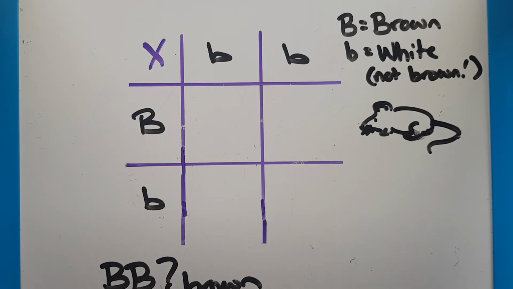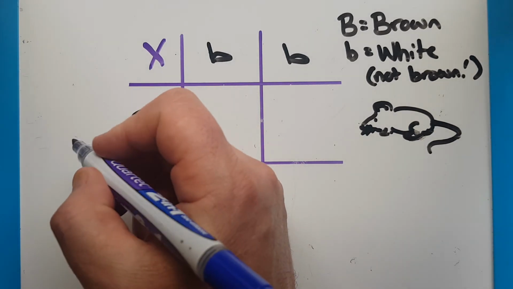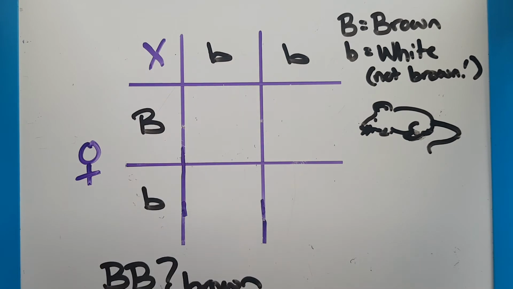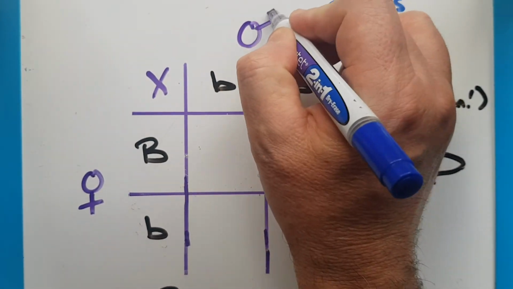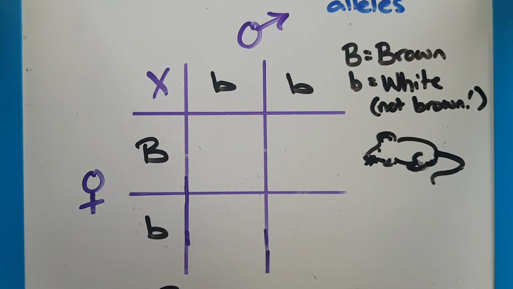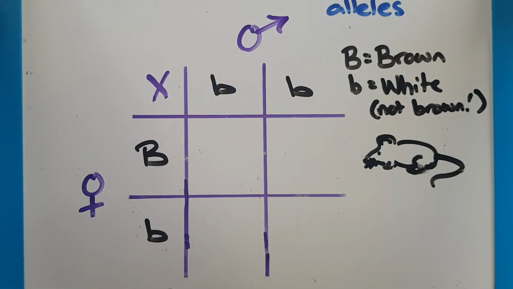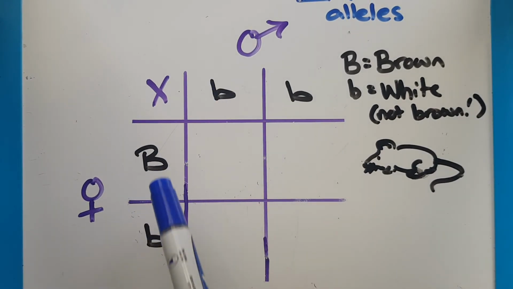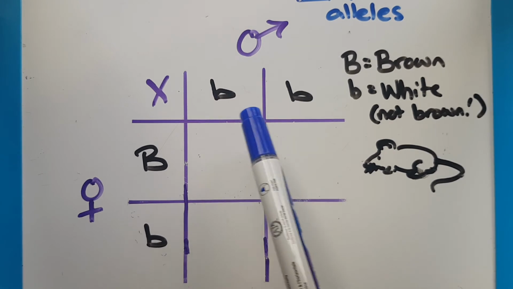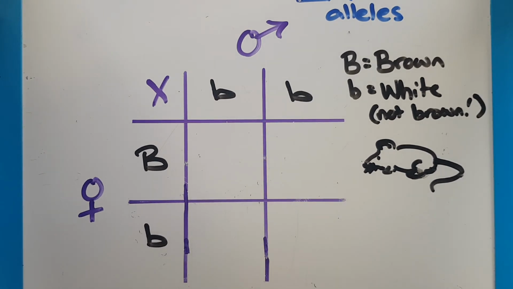So there are some possibilities. Let's say, for argument's sake, that we've got a brown female. So that's mum. And dad is the white one. That means that all of dad's sperm that could fertilise mum's eggs are going to have little b for their allele for this gene.